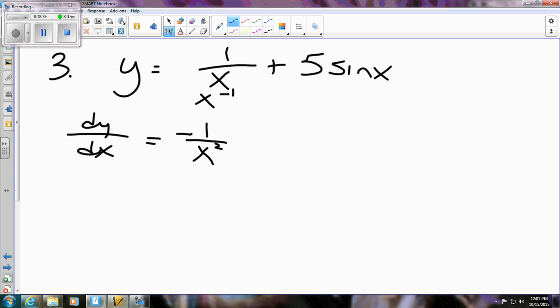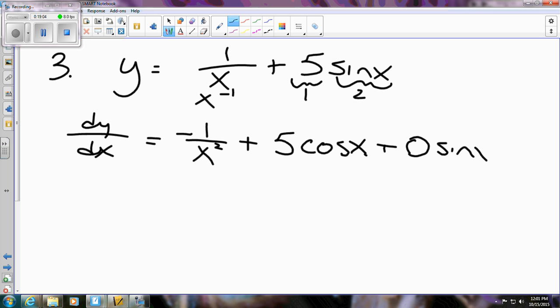Yeah, this is that constant multiple rule. And if that bugs you, think of the product rule. If you considered this your first and the second factor your second, right? Product rule says you take the first times the derivative of the second. What's going to happen when you take the derivative of the first if it's a constant? 0, right?